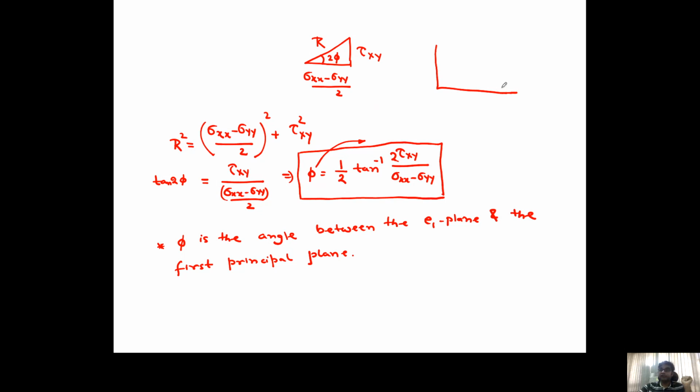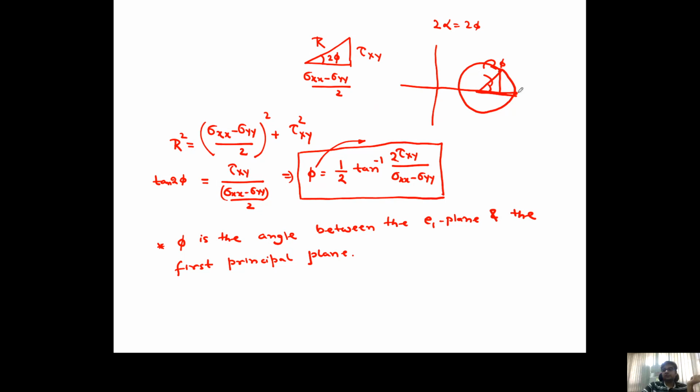If you draw the circle, this is your center, which is sigma average comma 0, and then this is your tau xy, and then we drew a triangle such as this. This is your 2 phi angle, and if you rotate it by 2 phi angle, what do you get?